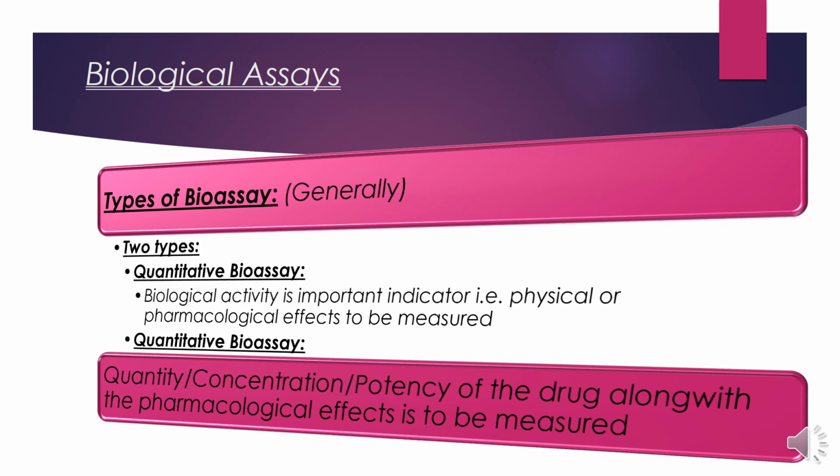Qualitatively, you can determine. In quantitative bioassay, the quantity, concentration, and potency of a drug along with the pharmacological effect is to be measured. So the difference is that in the first, only the biological activity is recorded, whether the effect was there or not. And the second is the quantitative, how much quantity was used and how much effect was observed in that quantity. So that is the quantitative bioassay.